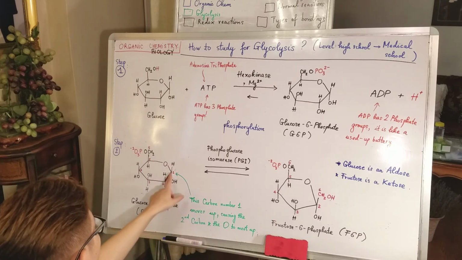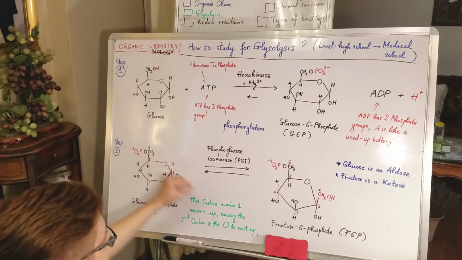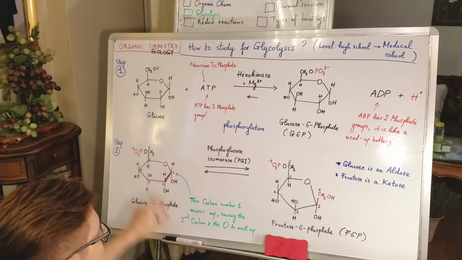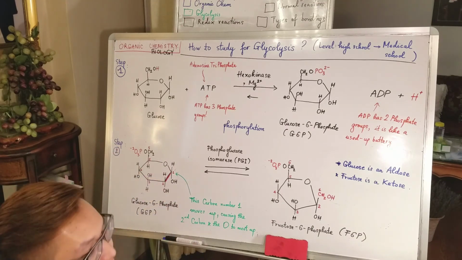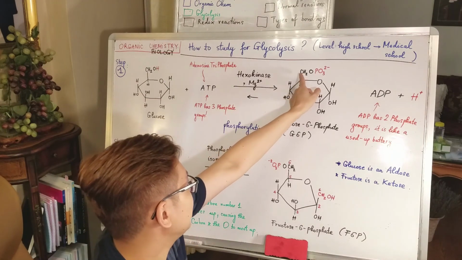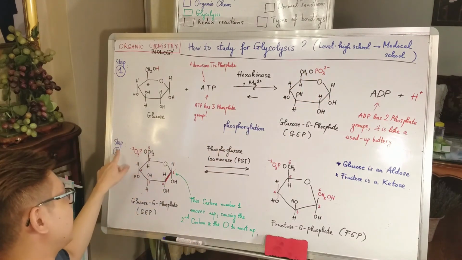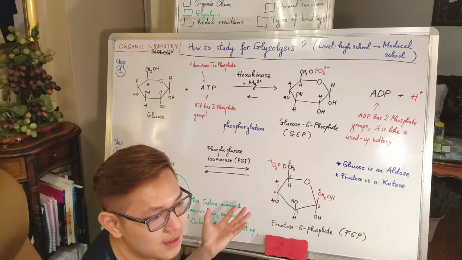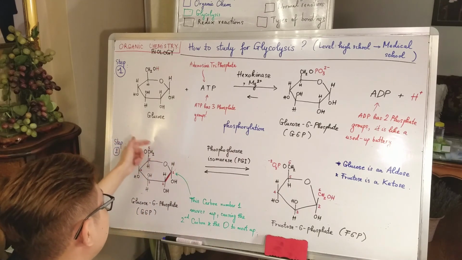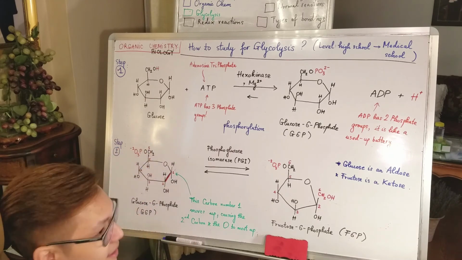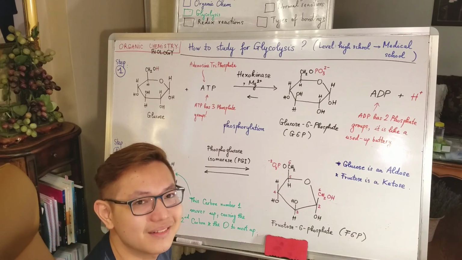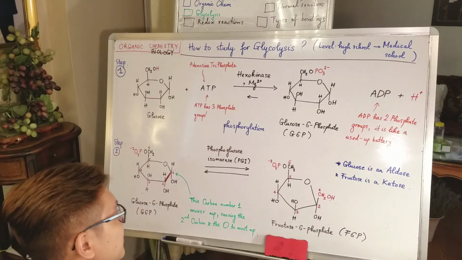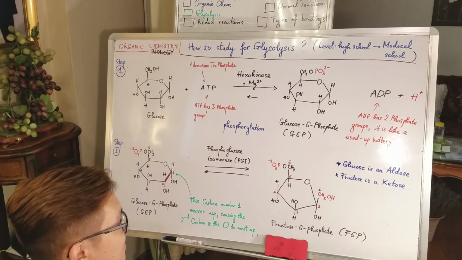So this one goes up and these two meet up. The other things don't change. Alright, you might ask me why I draw this one to the right but this one is on the left. Basically they're the same thing, I just don't want them to look clumped together here, so that's why I draw them to the left. They're still the same thing, don't worry. Okay, so you have fructose 6-phosphate as a result. That is the end of step 2.